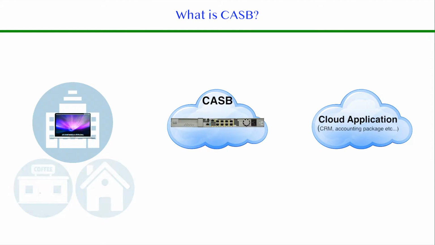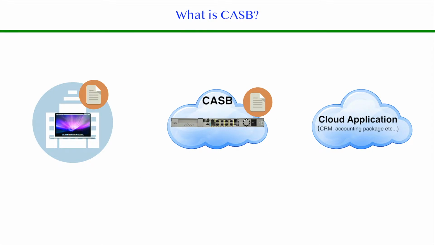A CASB service follows the same security standards that you implement inside your organization. The CASB application is, for example, going to monitor the same standards you have set up in your firewall on your local network. The CASB service is going to monitor and approve or deny the registration of all the users that have access to your cloud applications.